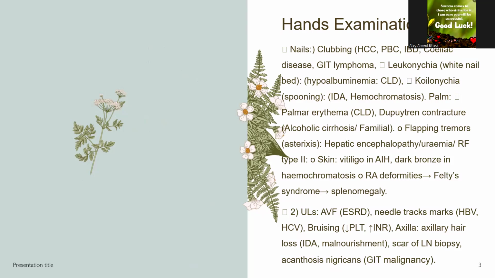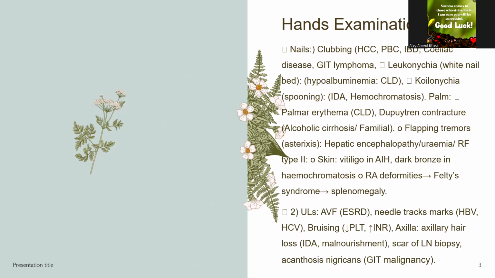If the patient is an IV drug user, they will be at risk of having hepatitis B, hepatitis C, and HIV. We look for any bruising, as coagulopathy is a sign of liver failure. In the axilla, we look at the axillary hair.